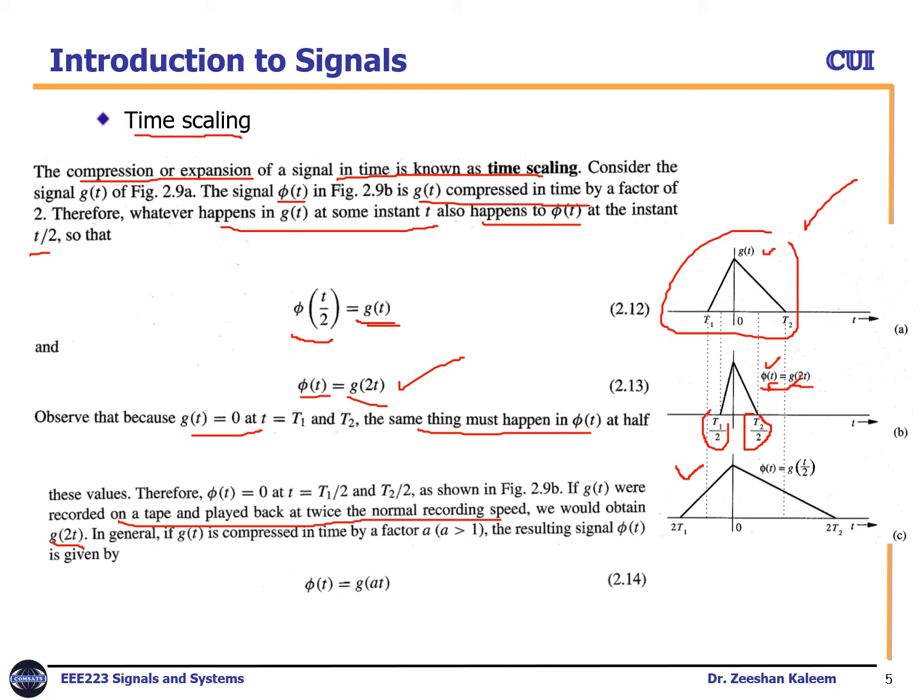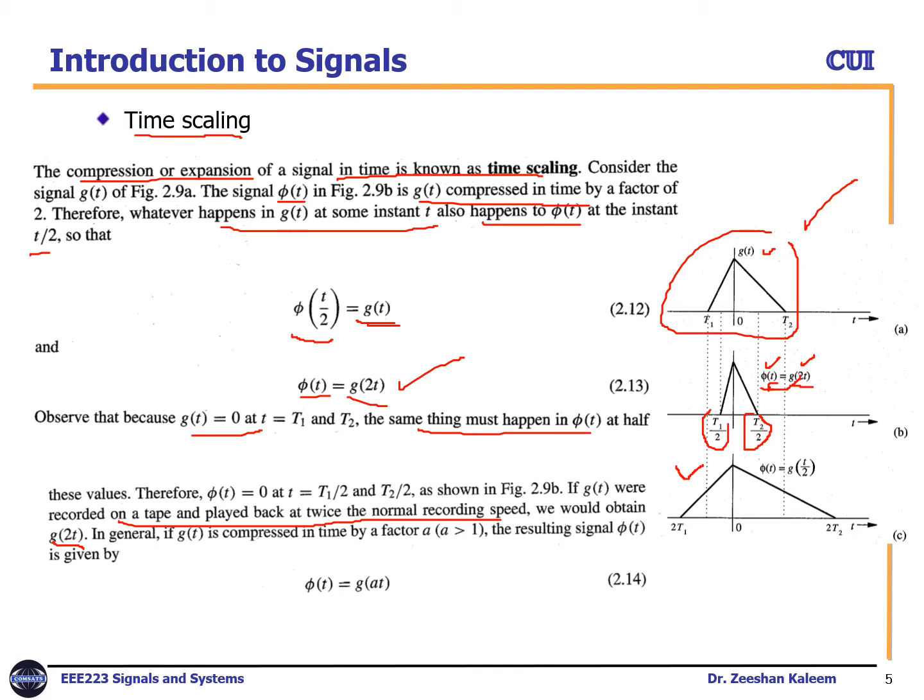For example, in g2t, 2 is the compression factor. If it is 3t, it is more compressed. If it is 4t, it is more compressed, right? And so on. This compression means that when you play the recording again, its speed will be much faster as compared to the normal recording speed.